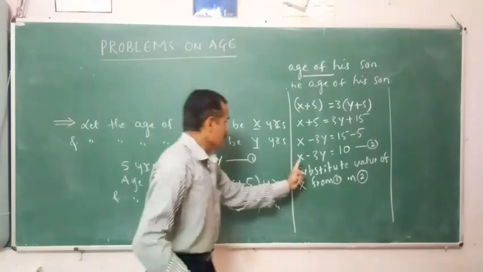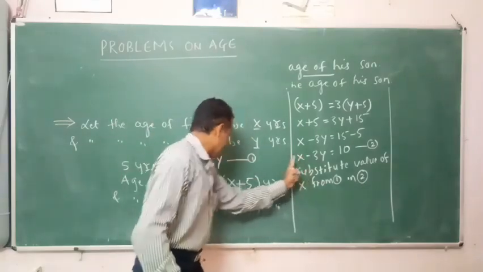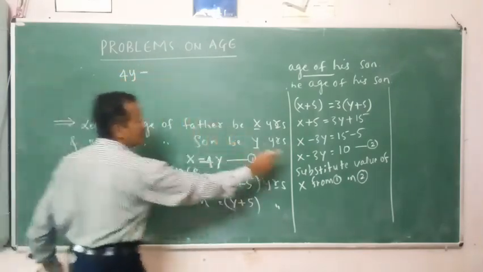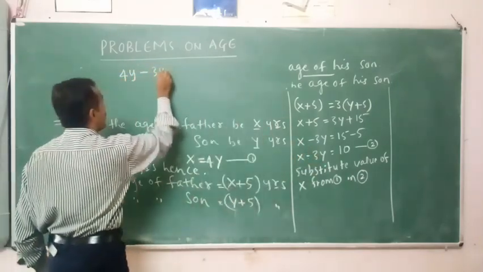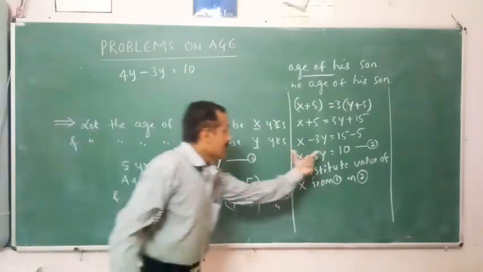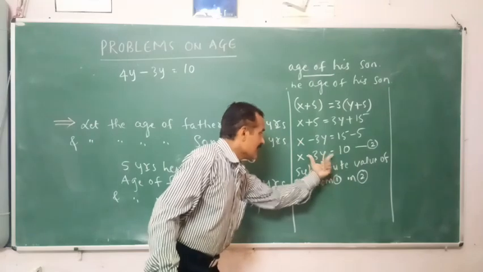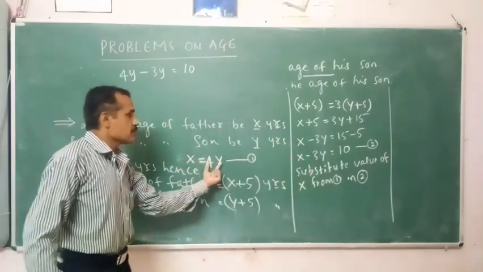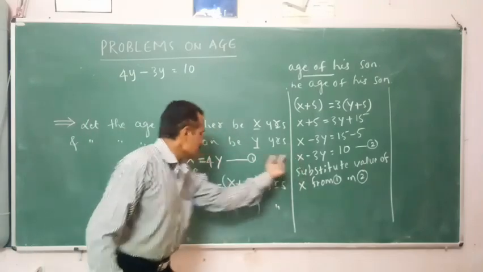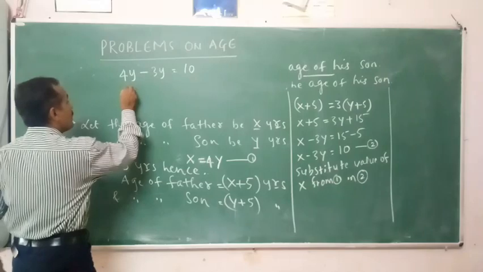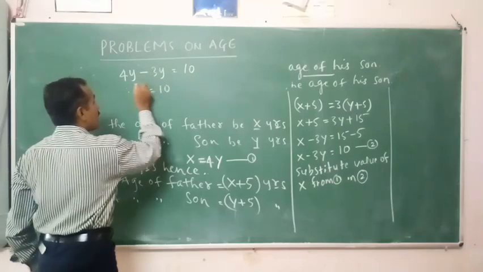If I substitute x, means what? 4y. 4y minus 3y is equals to 10. My dear children, what have I done? In the second equation, in the place of x, I have substituted 4y. X means 4y. 4y minus 3y is equals to 10. Therefore, y is equals to 10.